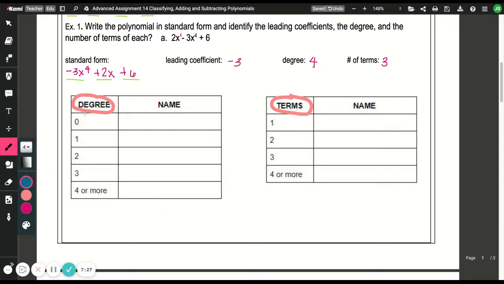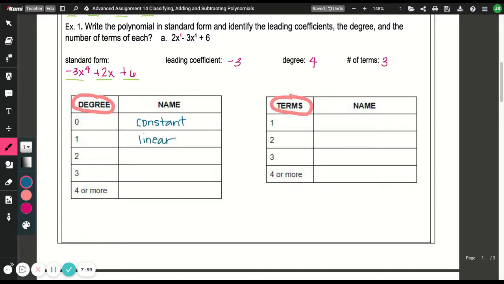Okay. So if the highest degree is 0, that means like this 6 would be an x to the 0, right? Then it is called a constant. It's just a number. It doesn't have a variable. If my largest exponent is 1, that's a linear function.